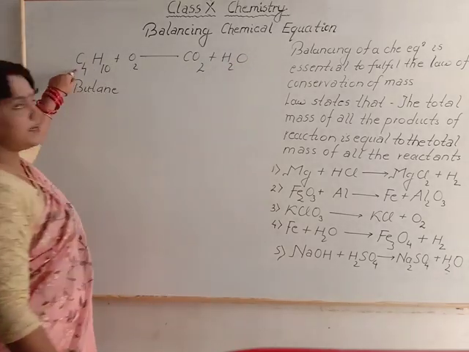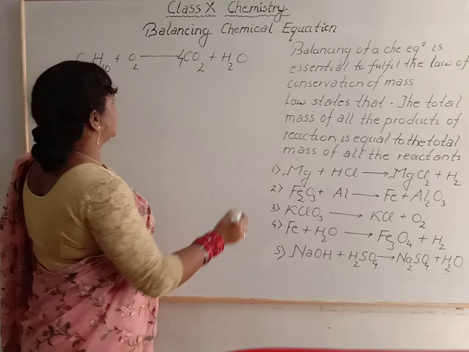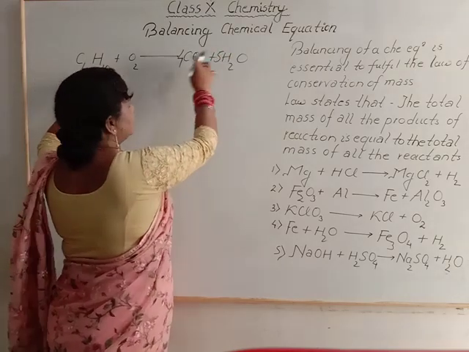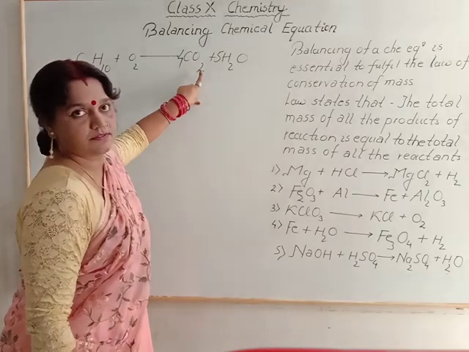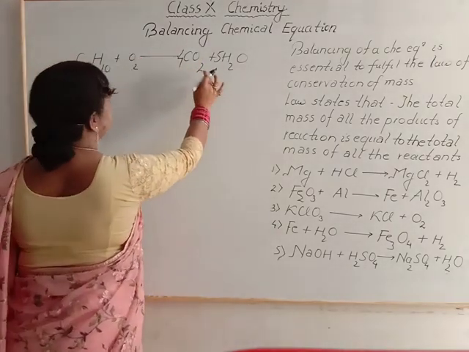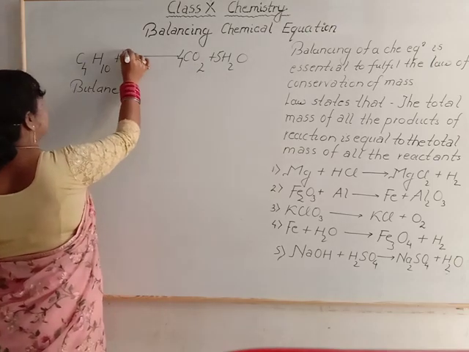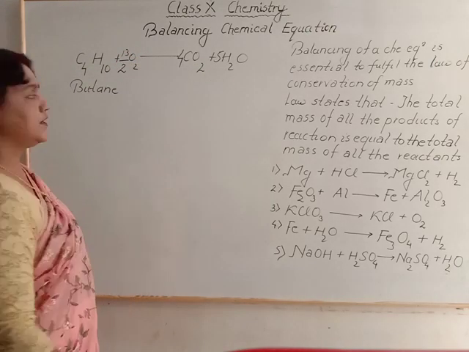Now very simple. This is C4, write here 4. This is 10, write here 5, and calculate the number of oxygen here: 5 and 4, 8, 13. So simply write here 13 by 2, and now this is done.